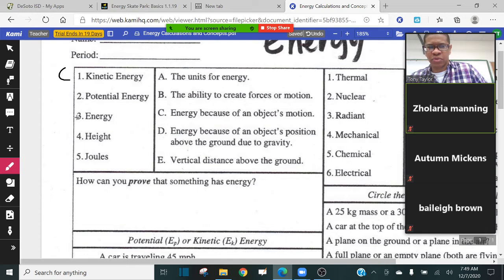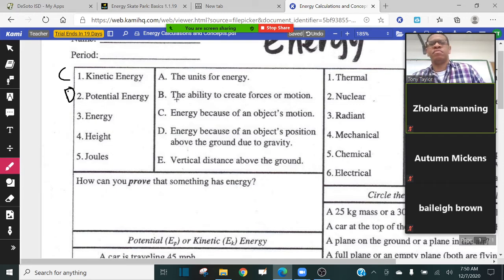Number 2, potential energy. They're specifically talking about gravitational potential energy here. Energy because of an object's position above the ground due to gravity. So we want to match that with D. So it's stored energy. 3, energy.